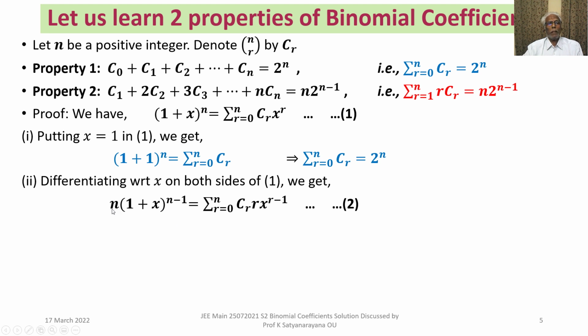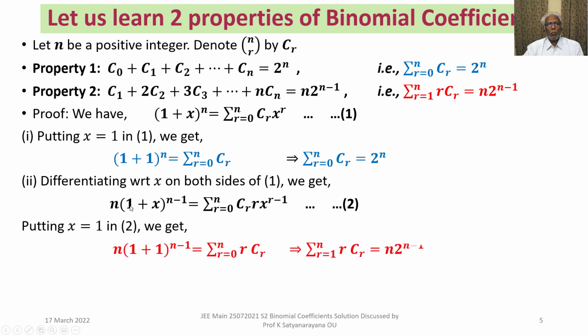Then you will get n into 1 plus 1 to the power of n minus 1 is equal to the sum of r times Cr, for r from 0 to n.